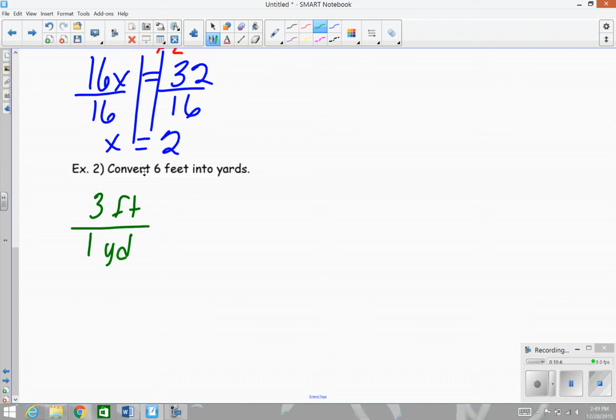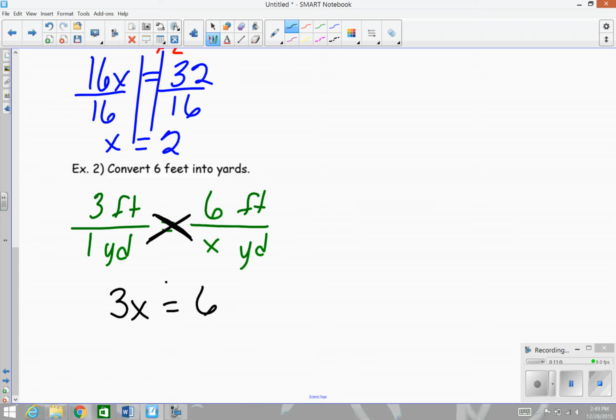Now that I have my conversion factor, I'm going to set up my proportion. Feet on top, yards on the bottom. They've given me 6 feet. I want to find the number of yards. Again, you can cross multiply or use a scale factor. 3 times x is 3x, 1 times 6 is 6.